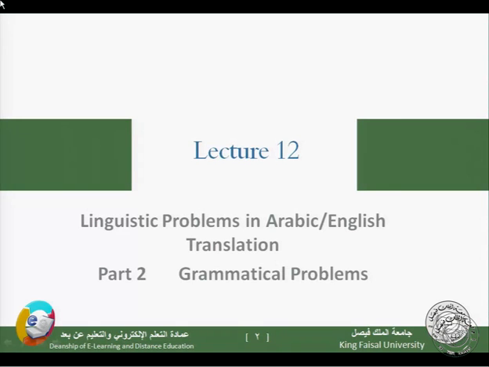I will talk about the role and the function of numbers, the function of gender, the function of the person system, the function of tense and aspect, and the function of passive voice when it comes to translating from Arabic into English. And I will end this lecture, inshallah, by commenting on the importance of word order in translation. Okay? So let's start.